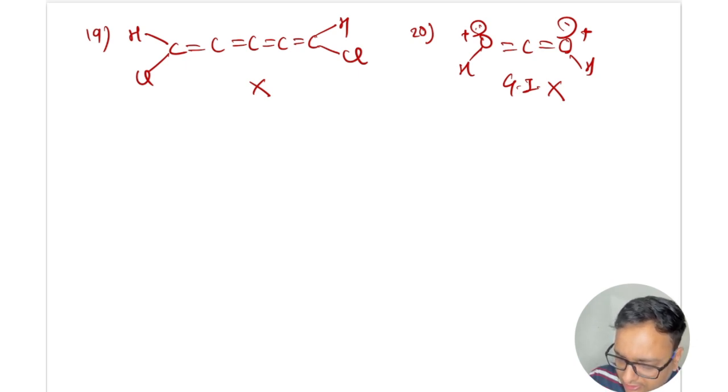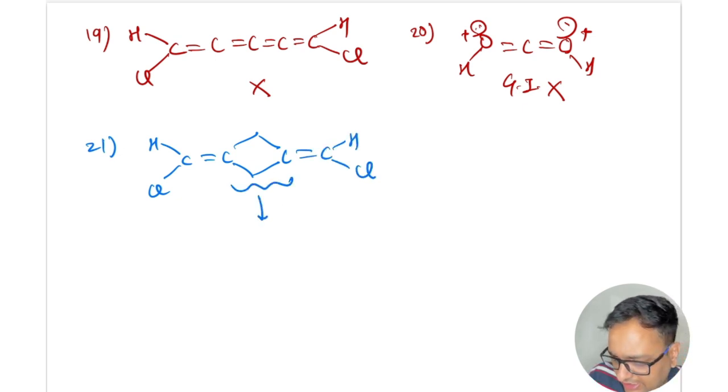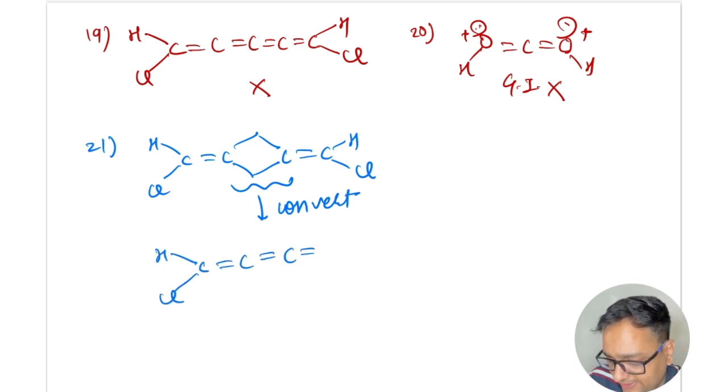Now it is not necessary to be a double bond only. If we have a ring also, this type of ring, this ring can also be converted like this, only in case of calculating GI. Remember, it is not equivalent in general.